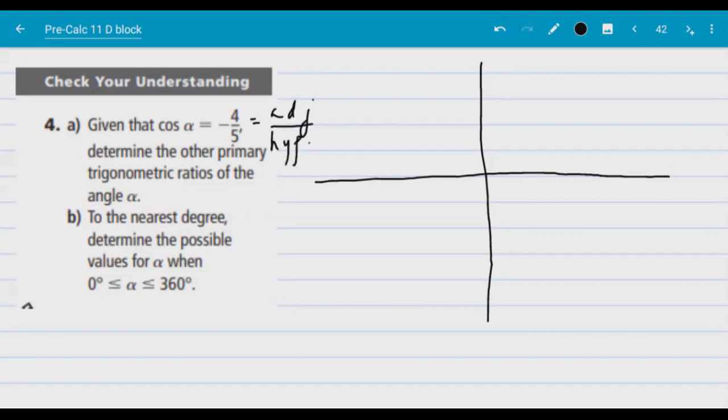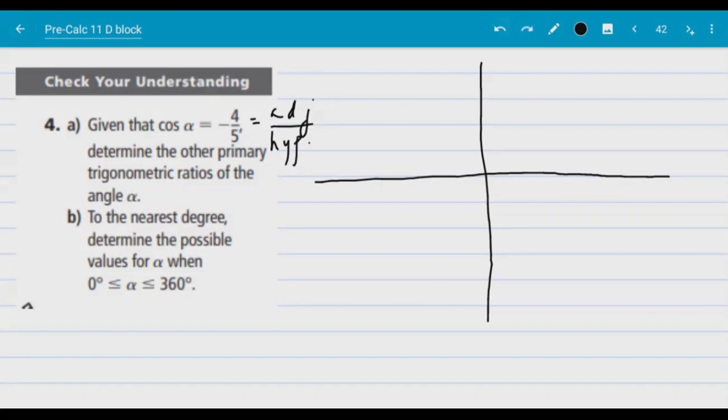So in my mind, I'm already thinking about a triangle wherein the hypotenuse is 5 and the adjacent side is 4. If you're thinking, huh, how does that work? This is what I mean. I will be creating a triangle in the second quadrant for now because we agreed that since the cosine value is negative, that can only happen in quadrants 2 and 3.